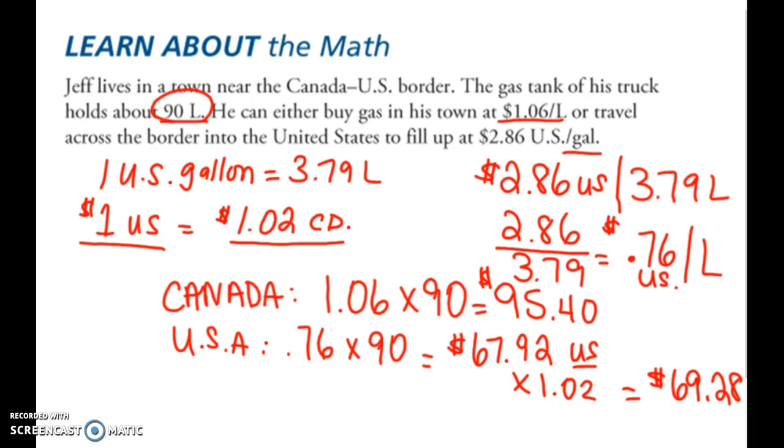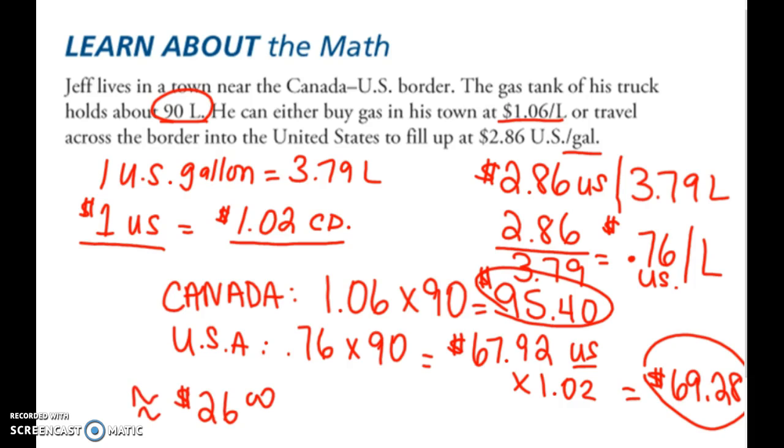So his fill up in Canada is $95.40. His fill up in the States, still talking Canadian dollars, is $69.28. So it's best if he drives over the American border because it will save him approximately $26 every fill up.